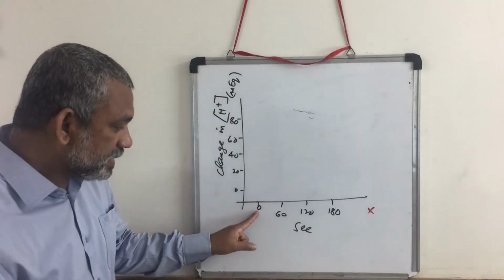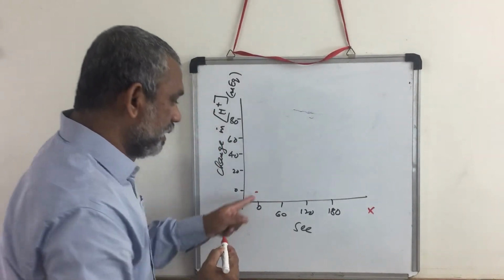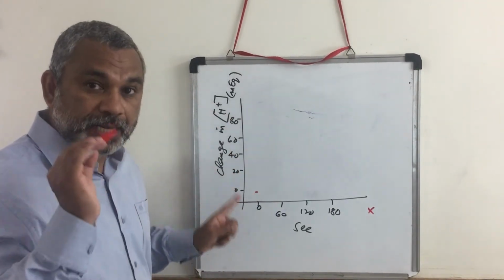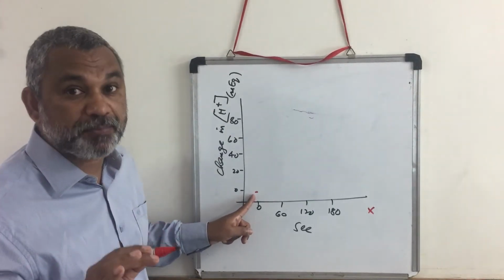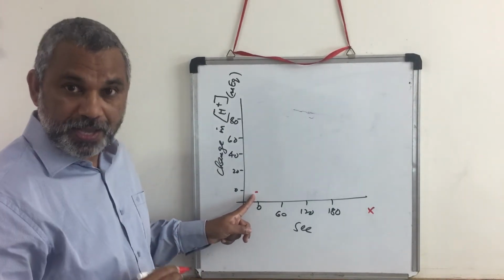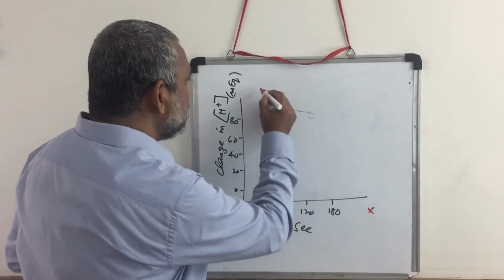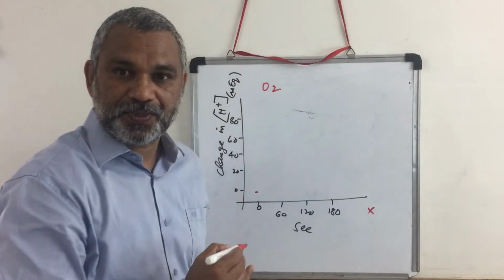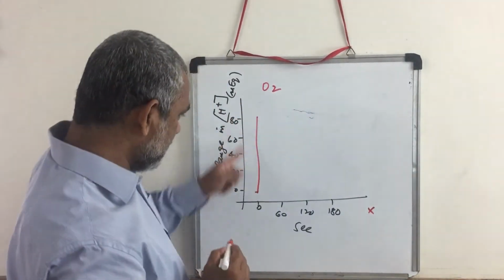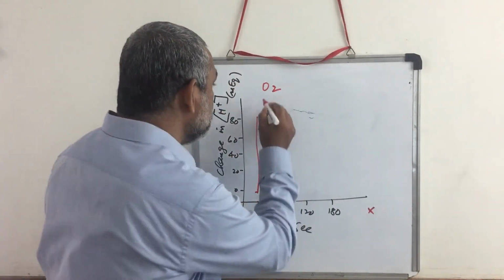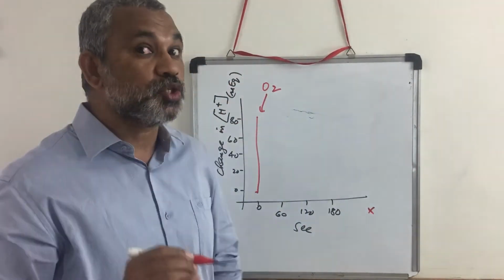At the 0th time, there is no change in H plus ion concentration, so it is denoted as 0. Now O2 is injected. When O2 is injected, suddenly it shoots up in a straight line. At the 0th minute, it suddenly shoots up.